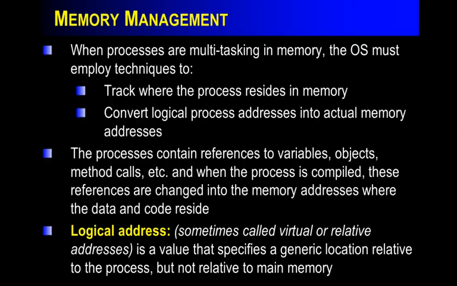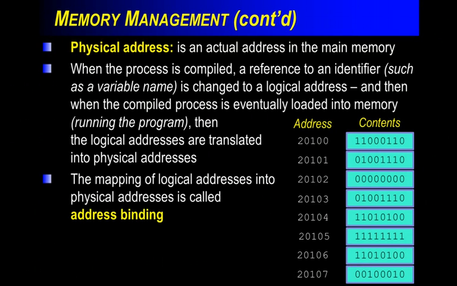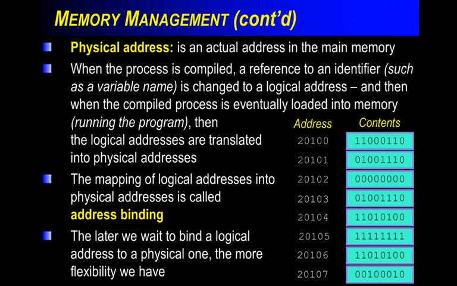Okay. So a logical address, sometimes called a virtual address or even a relative address, is a piece of memory that has a specific location relative to the process. So the process, say Microsoft Word, is connected to this address in memory. But it's not relative to main memory, okay? A physical address is the actual memory address, okay? When you run or compile your process, a reference to an identifier, like a variable, is changed into a logical address. So this is where your code starts to become real.